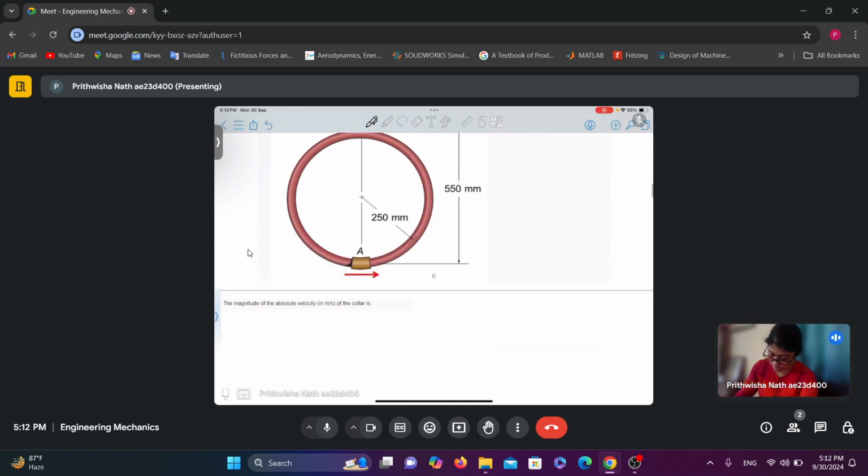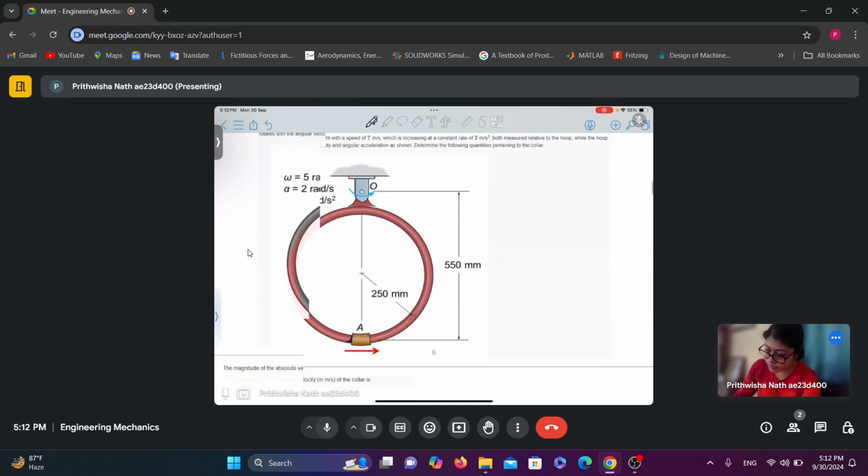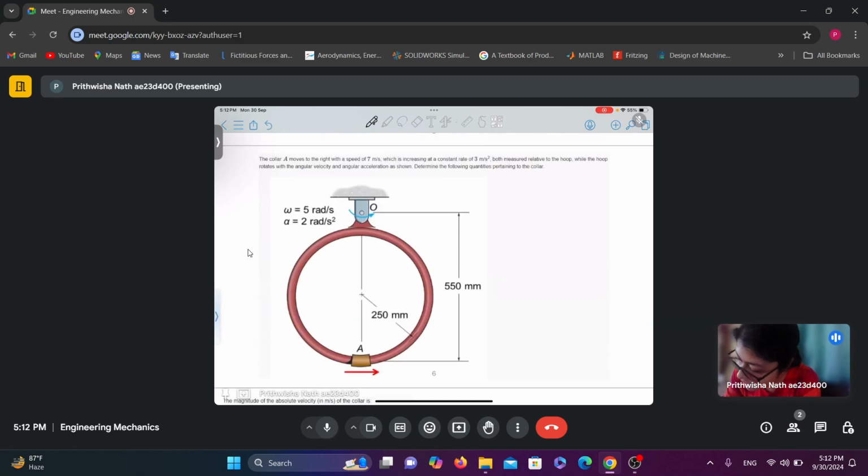So what is given in the problem? I'll attach both the frames here.